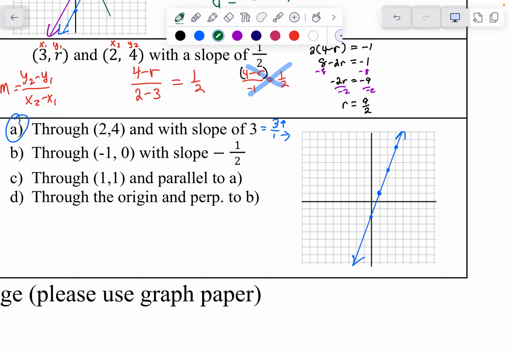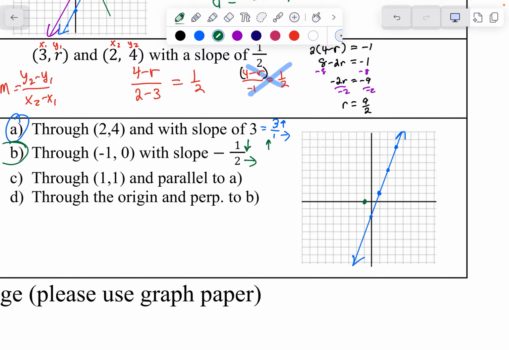So we're going to start at 1, 1 and count up 3 and over 1. And I overlapped, I got the same line, which was not intentional, but kind of interesting. I colored over top of my blue line because they're identical lines.